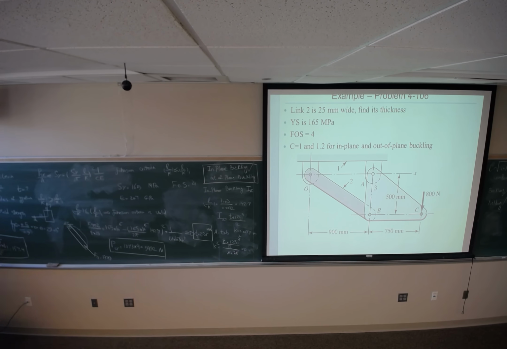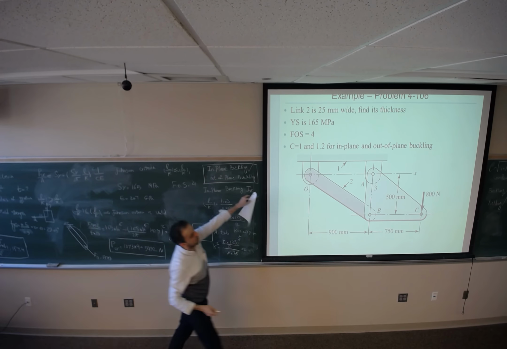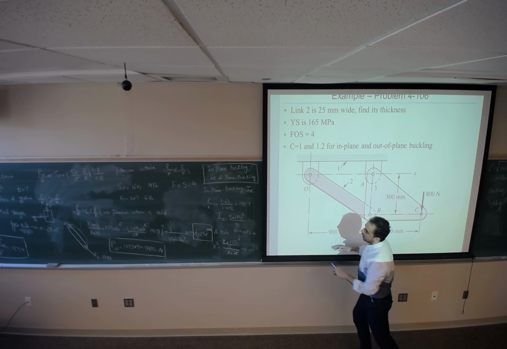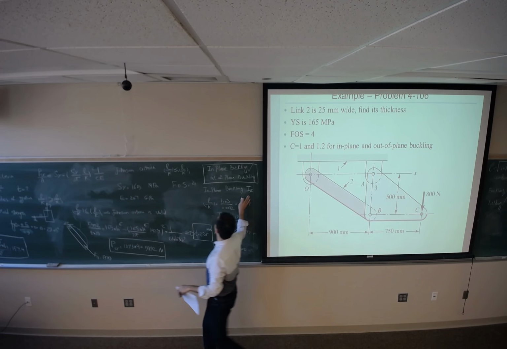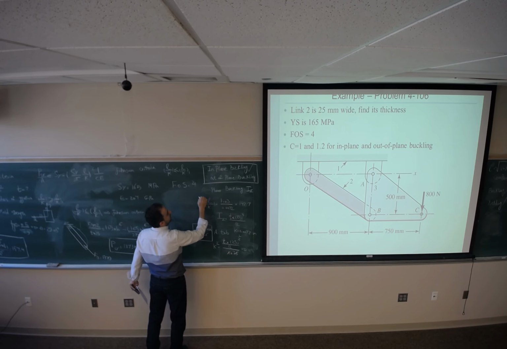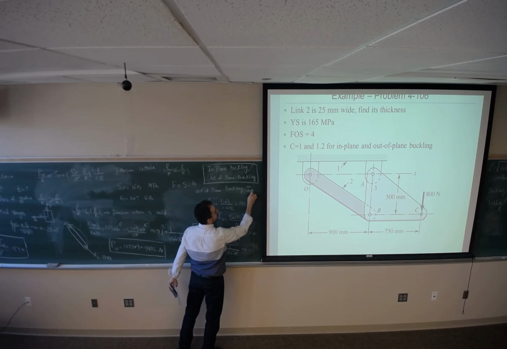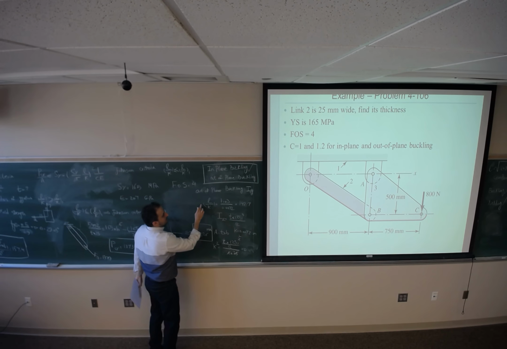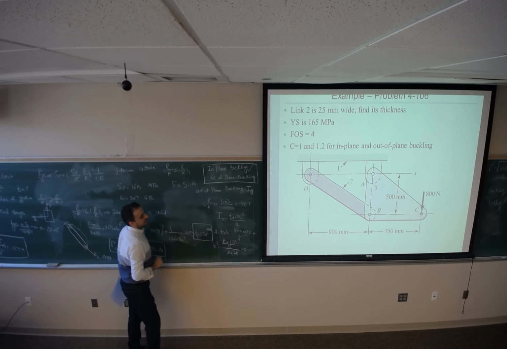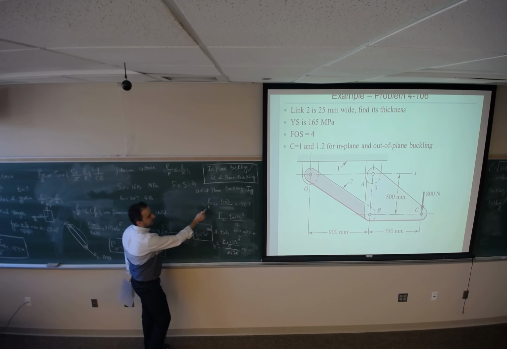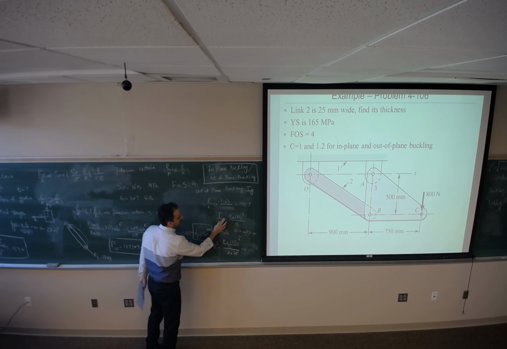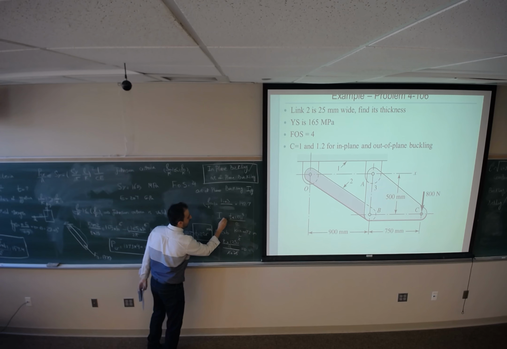The C for that is 1.2 for out of plane, and IZ is going to change to IY. So I'm going to look at the out of plane. K should be calculated again because IZ has been changed to IY.